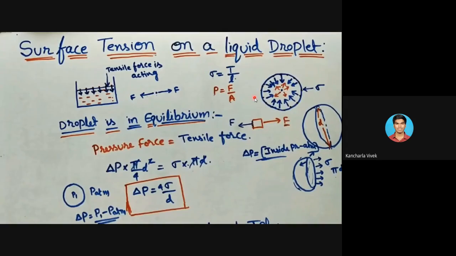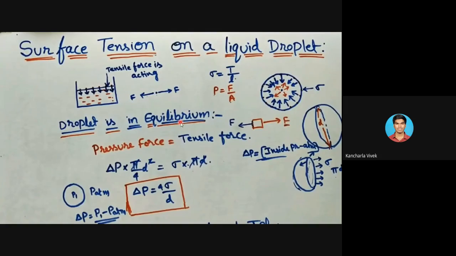So here you will have two pressures. One is the outside atmospheric pressure and the other is the pressure inside the water bubble. So it is not necessary that they are both equal. Your atmospheric pressure on the outside will be lesser than your water pressure. Only then will your liquid droplet be in equilibrium.